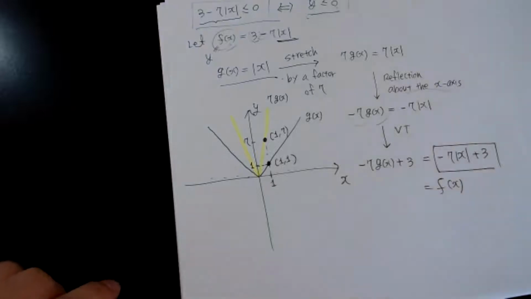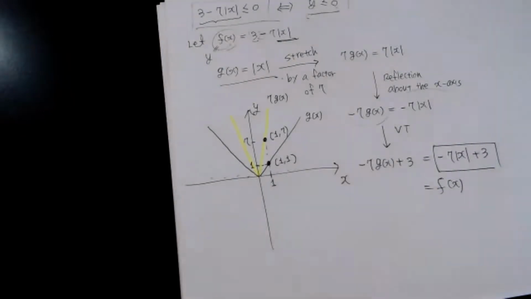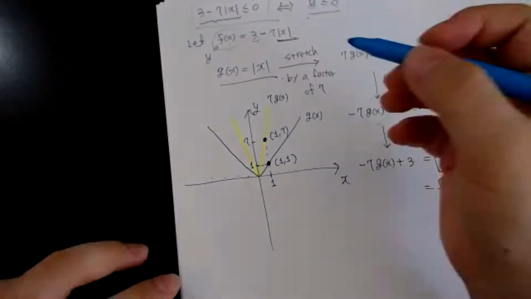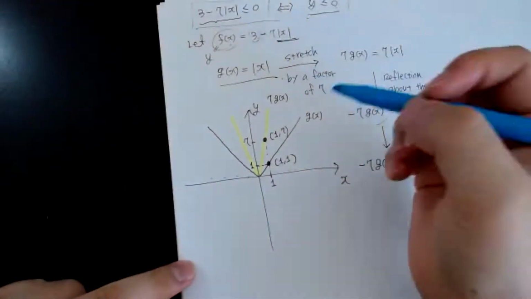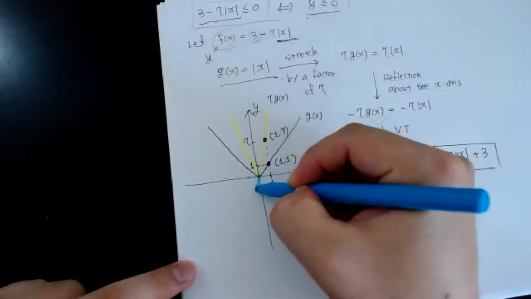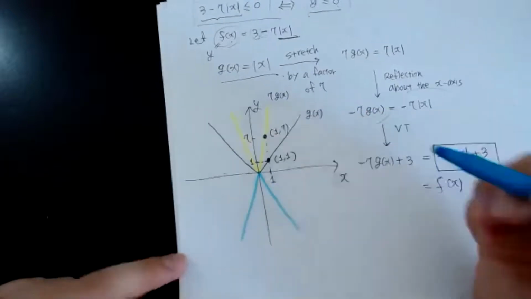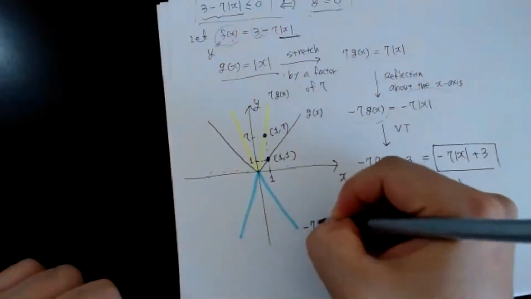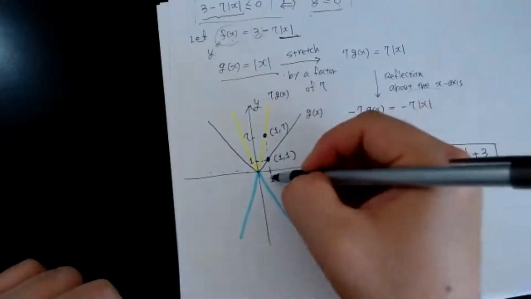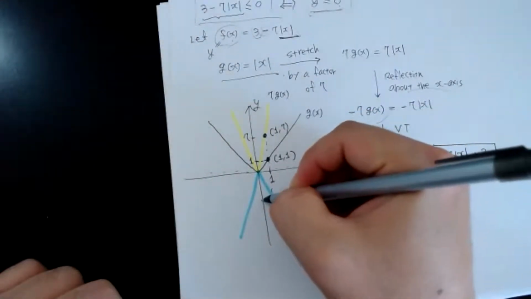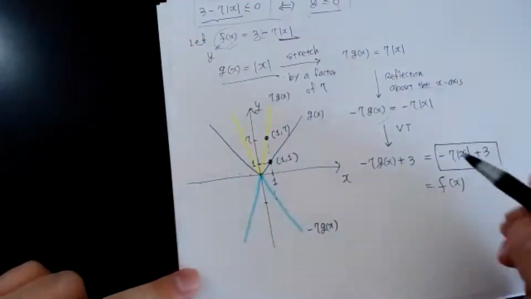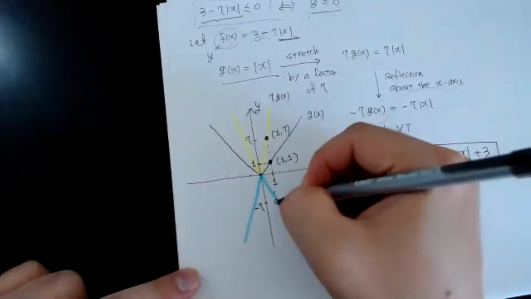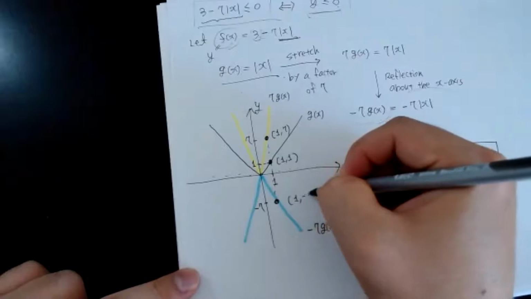We're going to reflect the graph of 7 times g of x about the x-axis, so we'll get this. That's the -7 times g of x. So when x equals 1, we're going to get not +7, but -7. So right there, this is 1 comma -7.